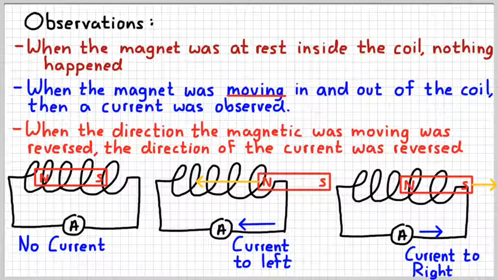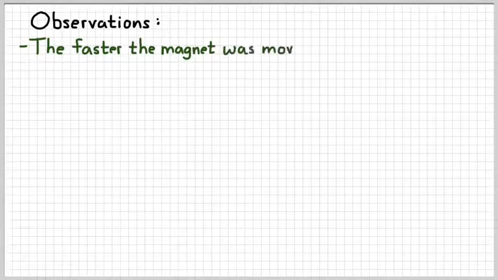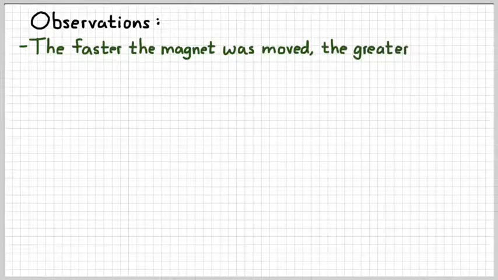And so physically what you would notice on the ammeter as you're doing it is that in one situation the needle would move one way, in the opposite situation the needle would move the opposite way. So to carry on with these observations, the last thing that he noticed was that the faster the magnet was moving, the greater the current got.